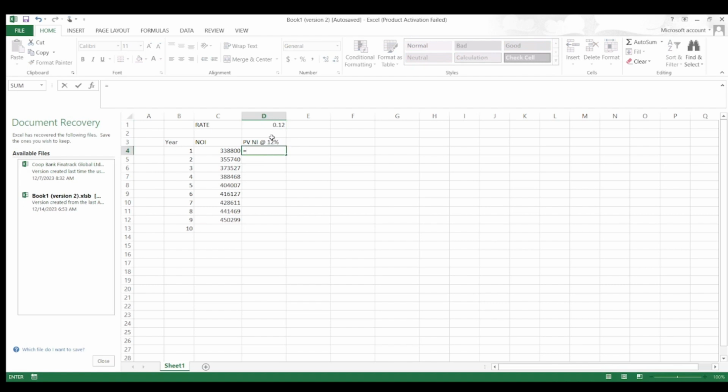So for us to get the present value, it's simply dividing this by 1 plus the rate, raised to the number of years.